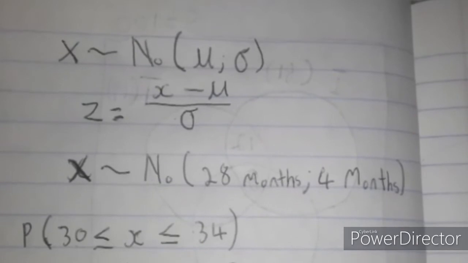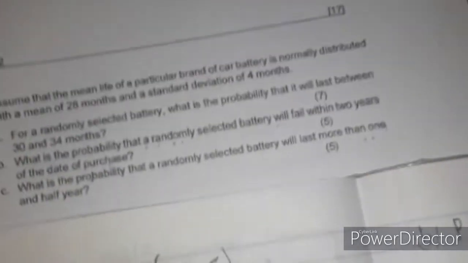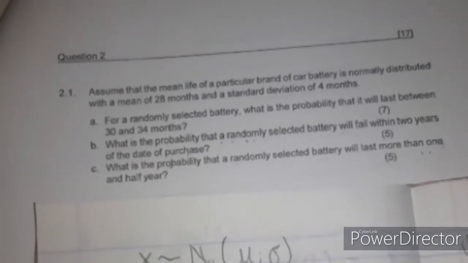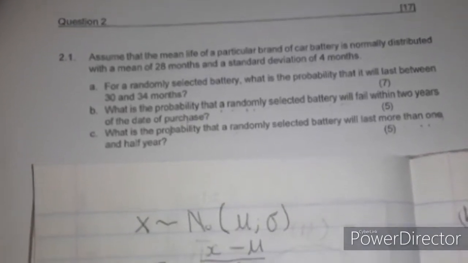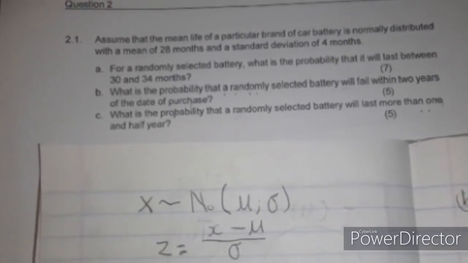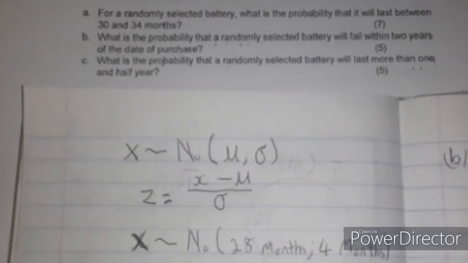Now, the life of this battery is normally distributed in months. So the mean and the standard deviation are calculated in months.